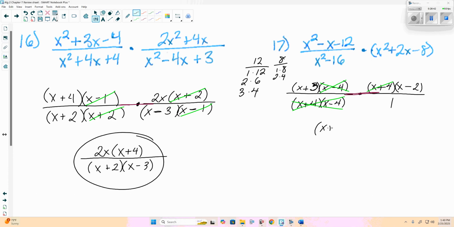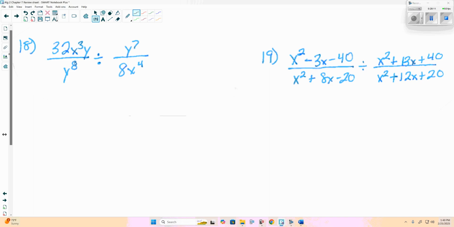So on top we have x plus 3 times x minus 2. And since the denominator is simplified to 1, we can leave it as x plus 3 times x minus 2. We can write the division of 1, but we don't have to. It's understood. And again, if everything simplifies out completely, it's going to reduce to what? 1.